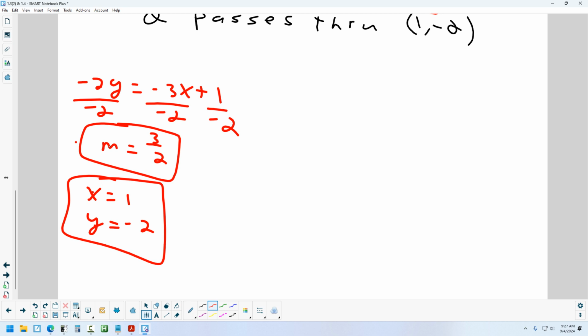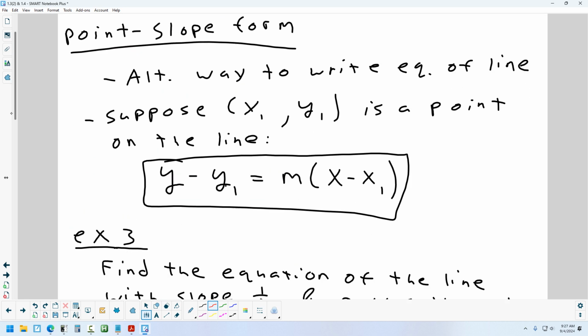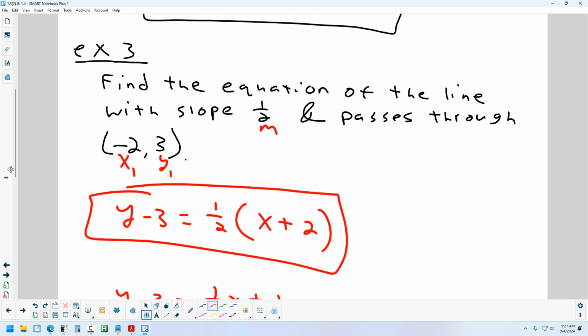Would it be the one where it was y minus y equals m and then parentheses x minus x? Yep, point slope. So this information where you have an x, a y, and an m is exactly what I gave you right here. So you just do the same thing, except use the numbers we have now instead of those numbers.